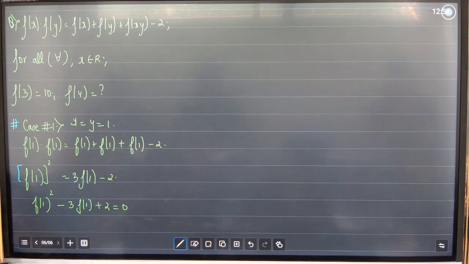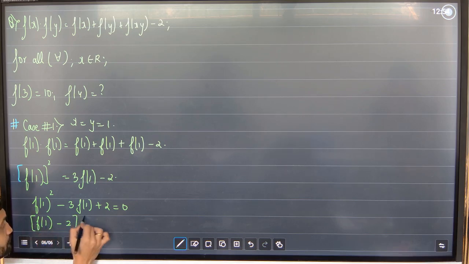This has become a quadratic equation, which will become f of 1 minus 2, f of 1 minus 1 is equal to 0.